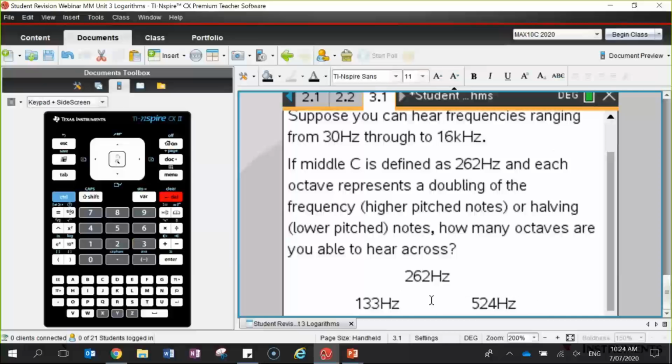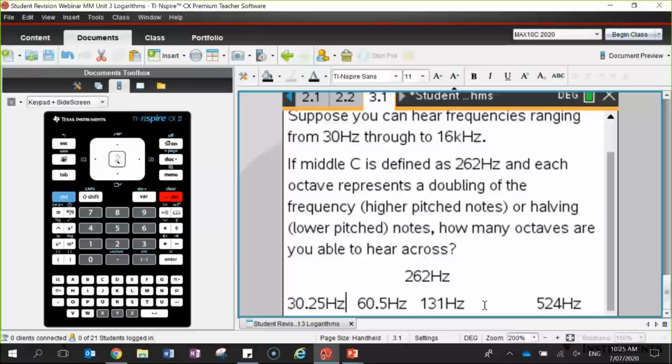I typed that wrong, that should be 131. Okay, I'm looking at a pattern here. So if I continue halving, if I halve the 131, I get 60.5 hertz. And if I halve it again, I get 30.25 hertz. Now that's close to my minimum value in my range that I can hear, which is my 30 hertz.